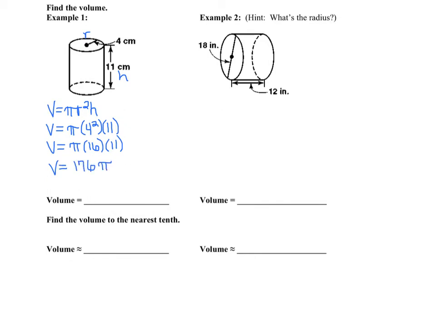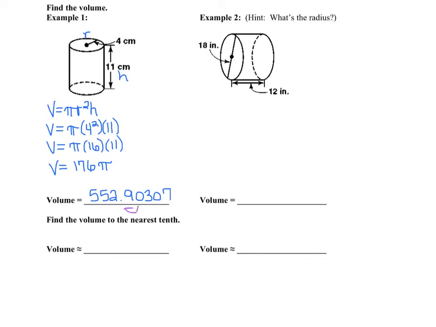Now we're going to use the pi button in our calculator. So you multiply 176 times pi, and you get 552.90307. We'll write 5 decimals down. And if you look here, it says find the volume to the nearest tenth. Your tenth is your first place value.